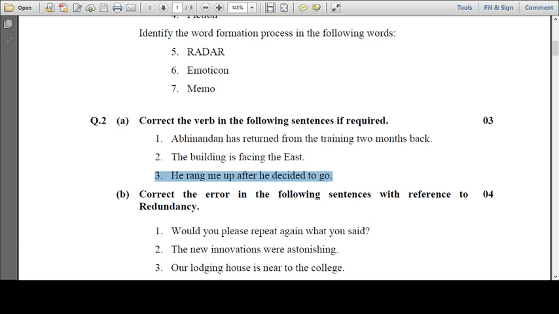Now the third one. The building, sorry, he rang me up after he decided to go. Now again, is there a verb mistake? Decides, Mahek Kachudia. No, your answer is wrong.